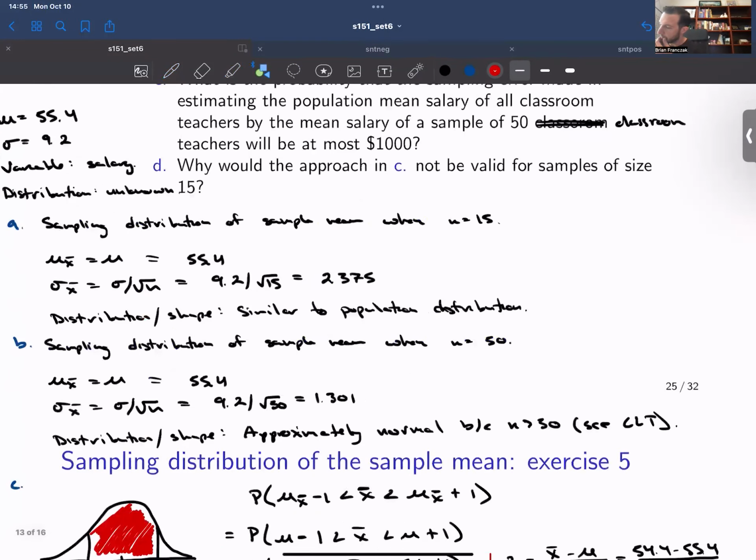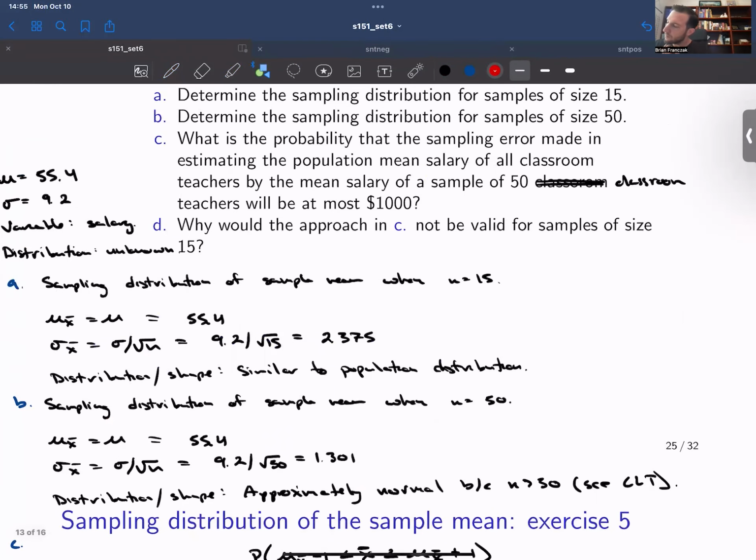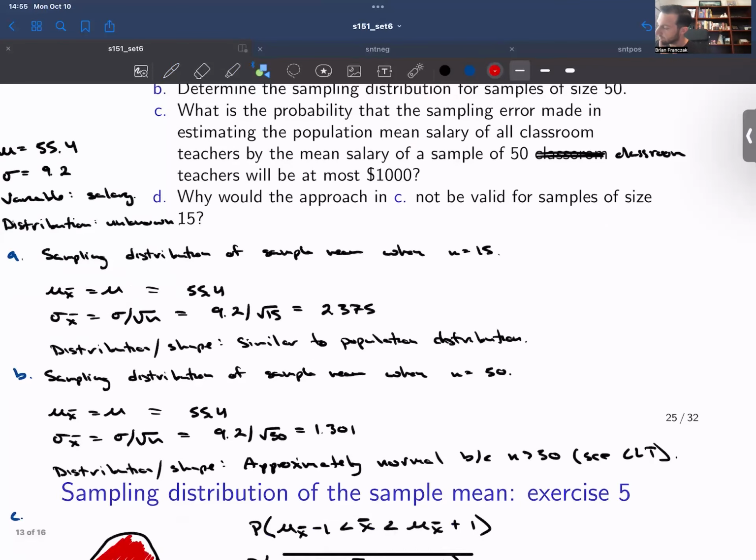So then we can say the probability that the sampling error made in estimating the mean salary of all classroom teachers by the mean salary of a sample of size 50 will be at most $1,000 is 55.88%.